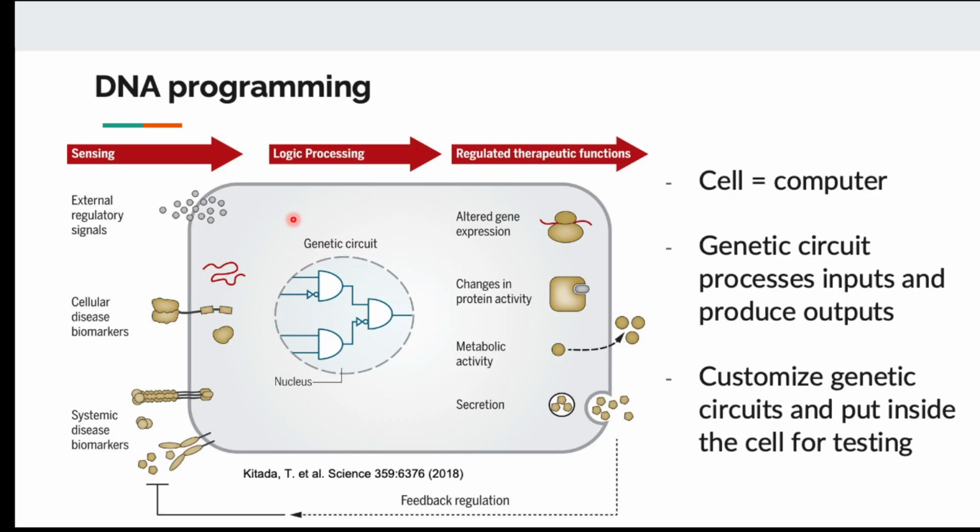We can view how we design cells as programming. We think of the cell as computing something. It takes the code, which is in the form of DNA, gets some input, which may be some substrates, and produces some output, which is a different metabolite, for example.